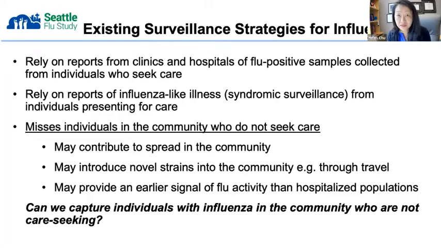So if somebody in the community, like a young adult, a college student, for example, or a 30-year-old who has young kids at home, they can get a cold, they cannot get that sick, and they probably would not go in for medical care for a runny nose. And so they would then be missed by the systems that we have in place.